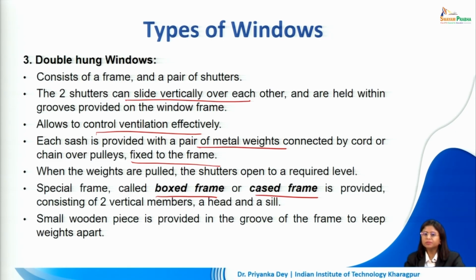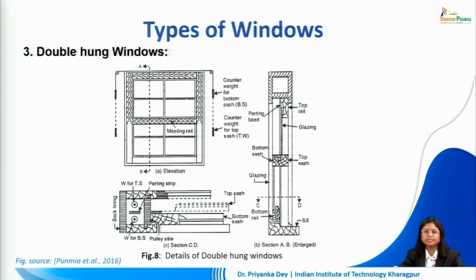Now a small wooden piece is provided in the groove of the frame to keep the weights apart. So we can see here how in a double hung window we can use weights for the sliding action of the windows. So this particular type will also have glazing within its shutters.